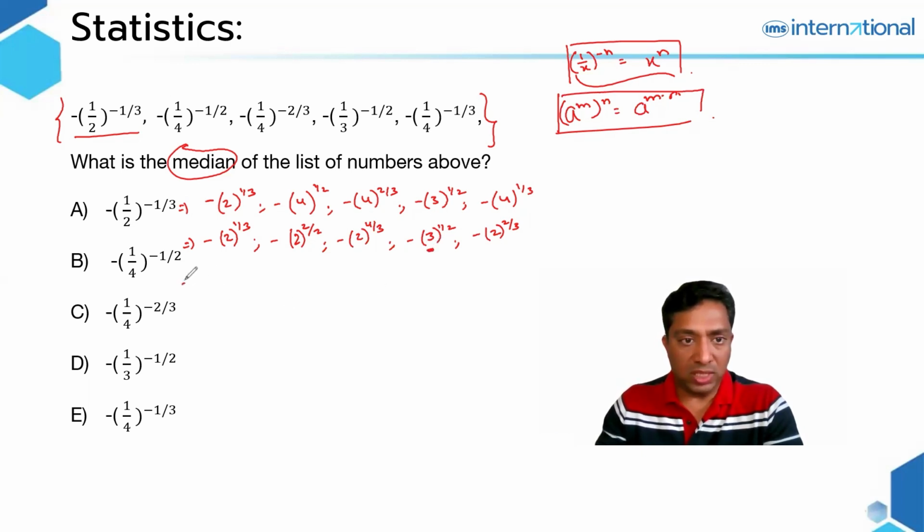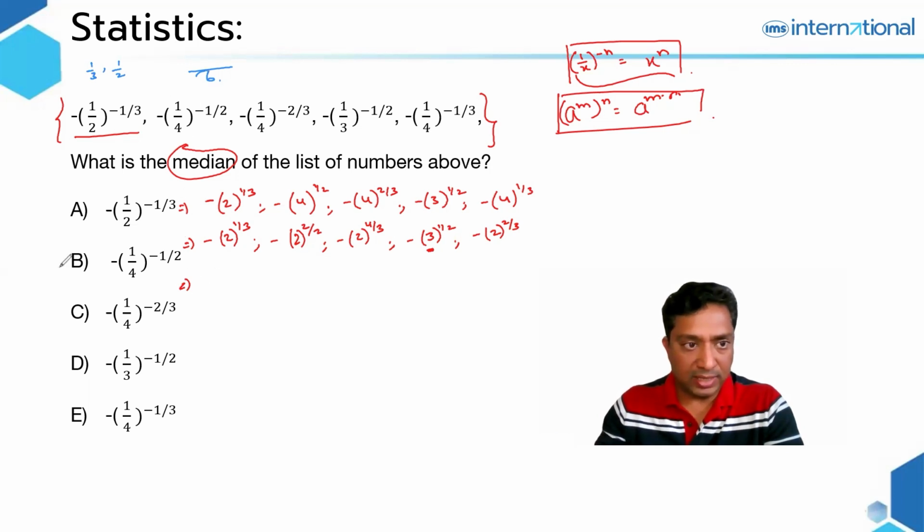Now, the powers over here are 1 by 3, and the fractions involved have the denominator 2. So the denominators are 3 and 2 as the powers to each of these bases. When you take the LCM, you will have 6. So I'm trying to bring all of the fractions, which are powers of 2s and 3s, to the common denominator, that is 6.